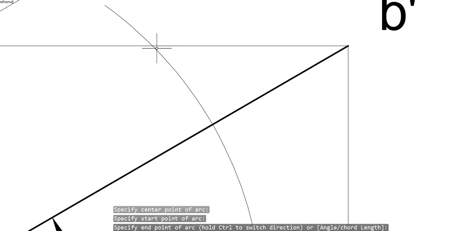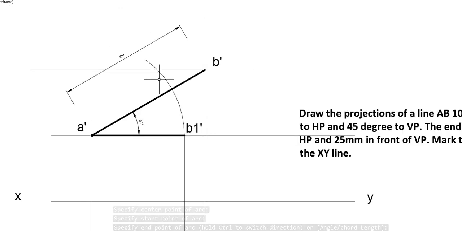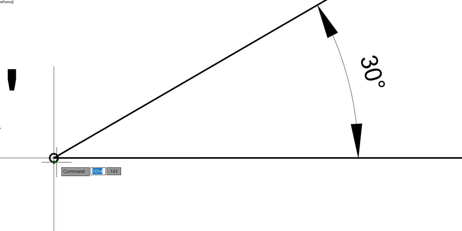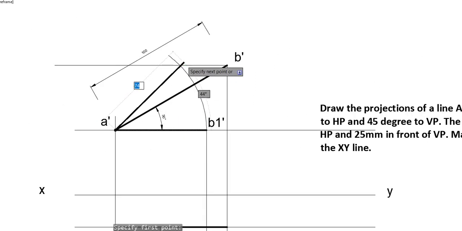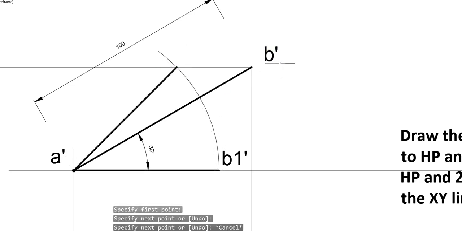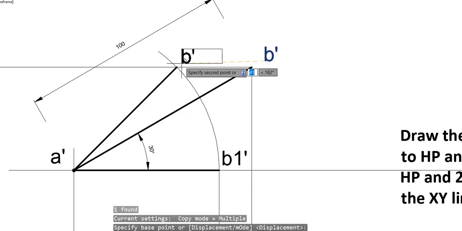You will get the intersection at this particular point, and this point will be the front view of the line inclined to both the reference planes. So I just have to now join A dash and this point of intersection, and I will name it B2 dash.